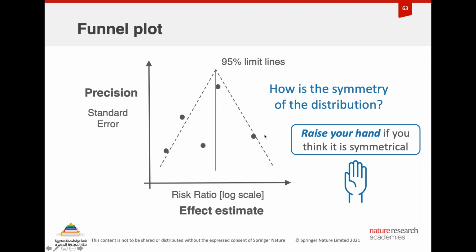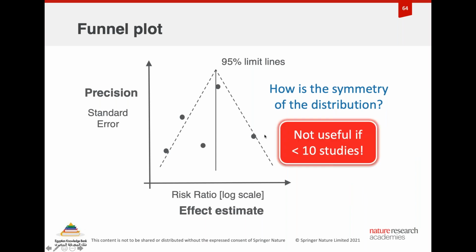One of the limitations of a funnel plot, if you have fewer than 10 studies, it's really not practical. You cannot really assess if there's going to be symmetry or not. For example, if you had a lot more studies and you started adding a lot of studies here and here, yes, you're going to end up with a big gaping hole, suggesting yes, publication bias. But if you only have 4 or 5 studies, it's not possible.